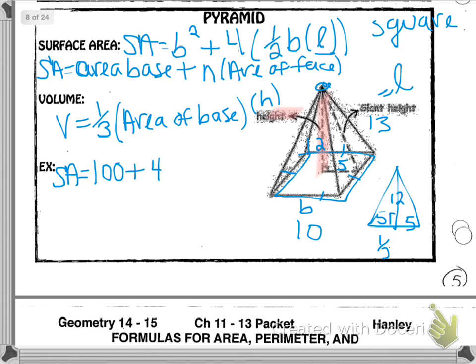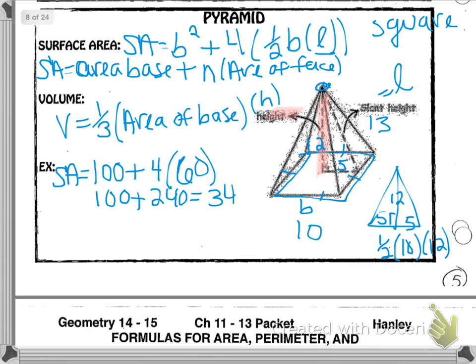So 1/2 base is 10 times height is 12 gives me 120 divided by 2, or 60. So 4 times the area of each face, which is 60. So we end up with 100 plus 240, which equals 340 units squared.